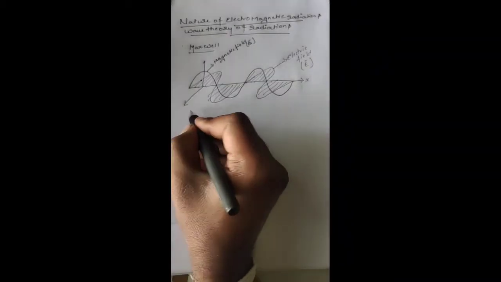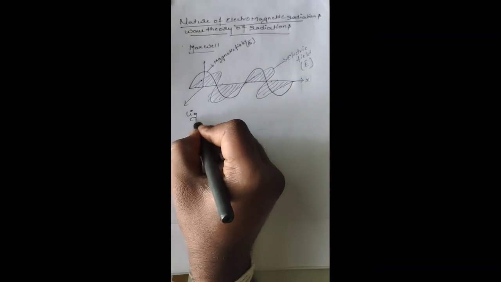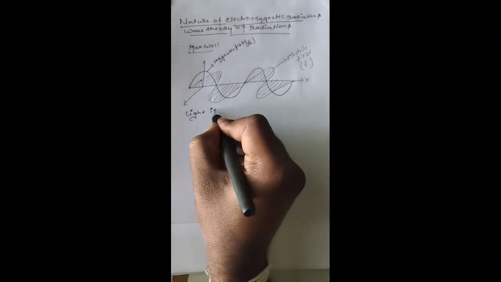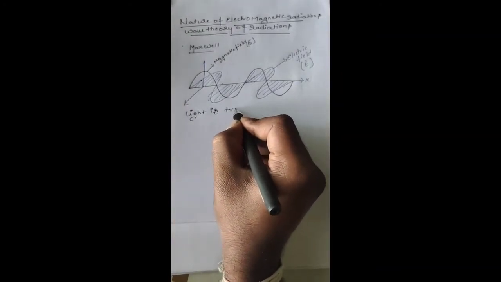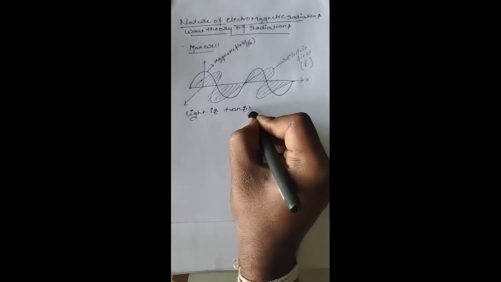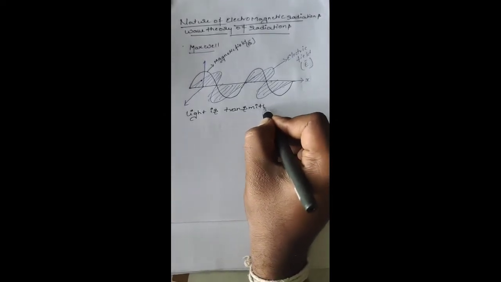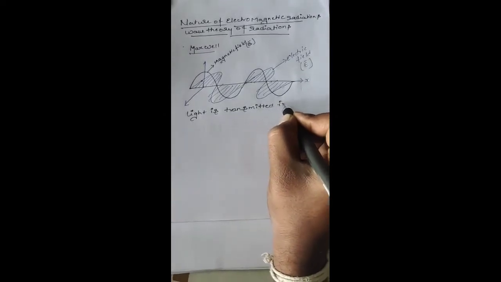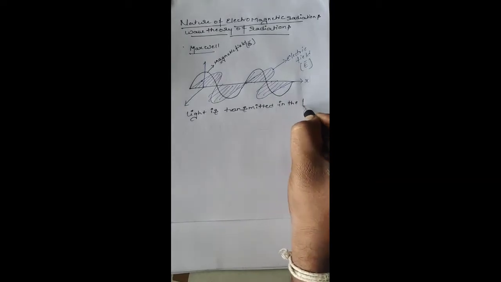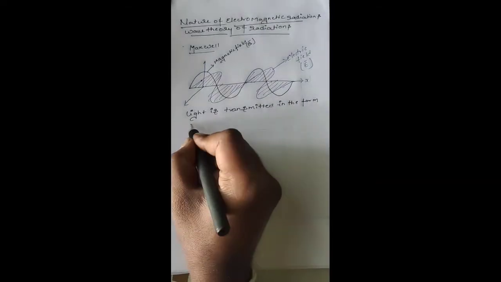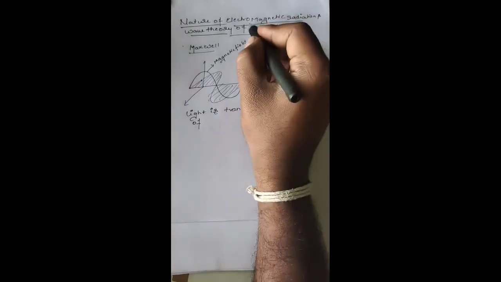These are the directions. You see, Maxwell told that light is transmitted in the form of electromagnetic radiations.